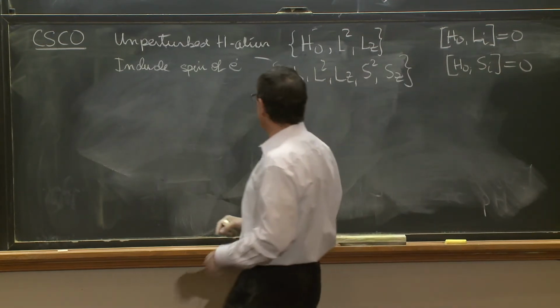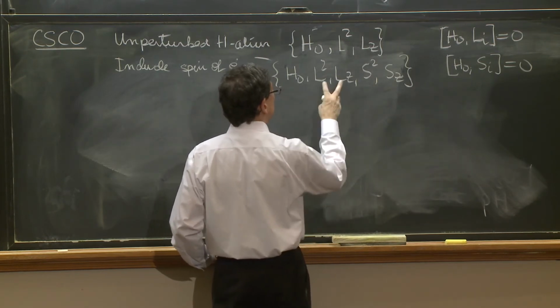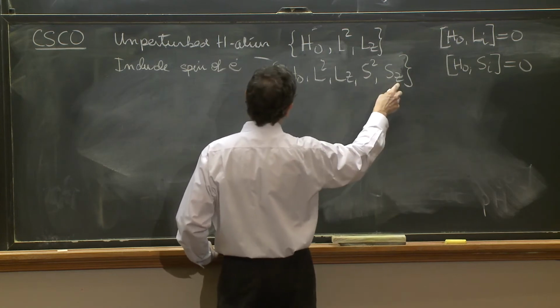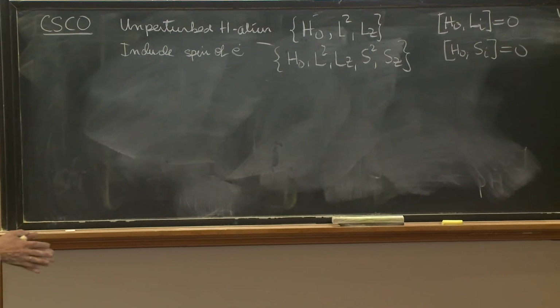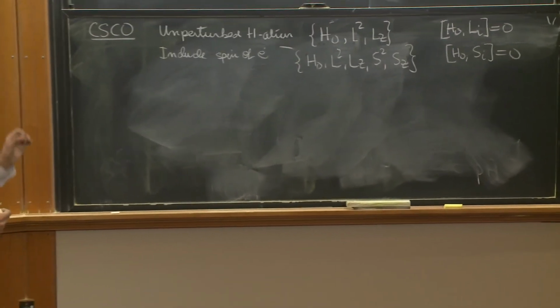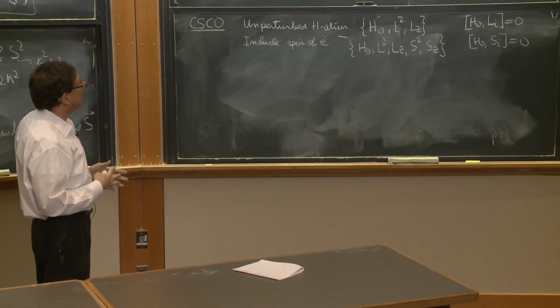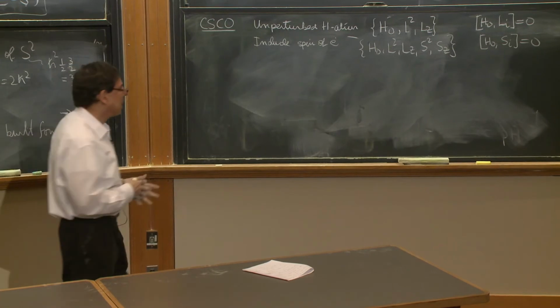And as you've seen, L's and S's commute with each other. So these two commute with this, these two commute with this, and they commute among themselves. So by the time you add the electron spin, the complete set of commuting observables has become a little larger.